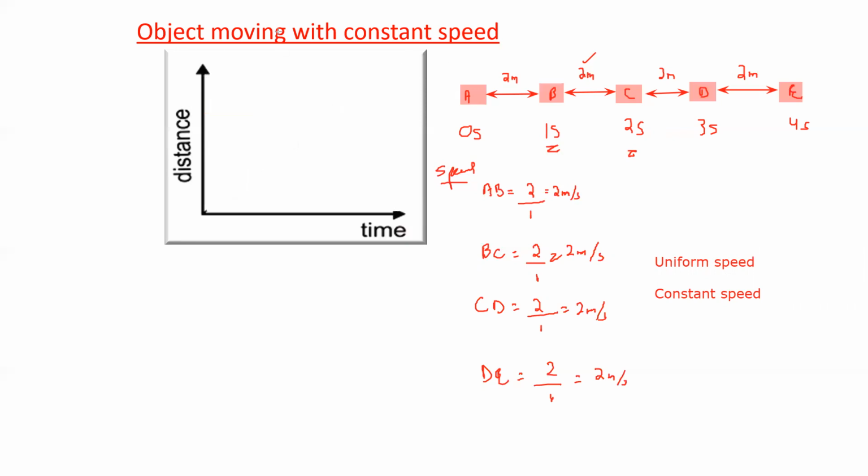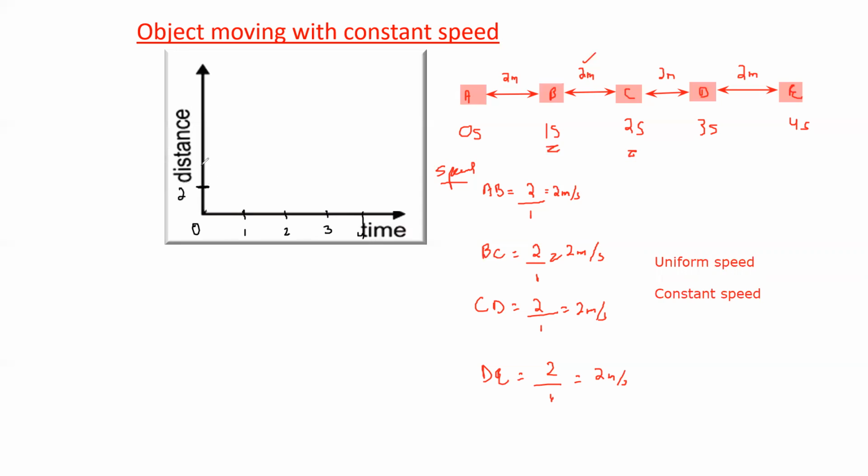So when we mark the points on the time axis, we have 0, then 1, 2, 3, and 4. And on the y-axis we have distance.